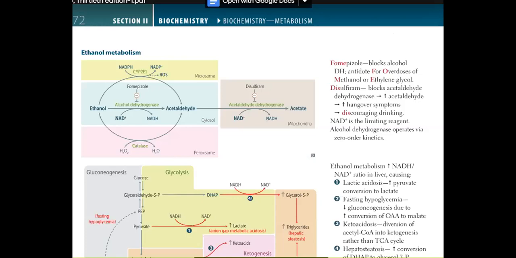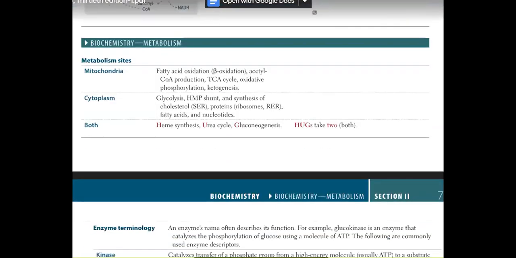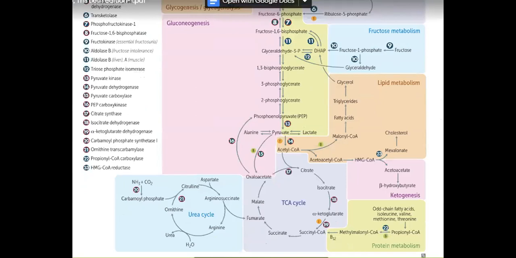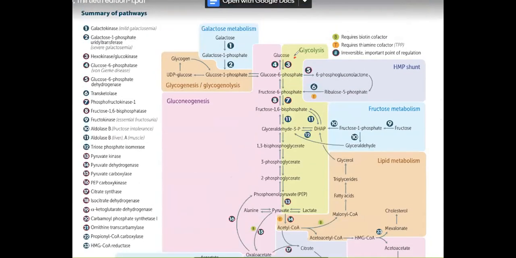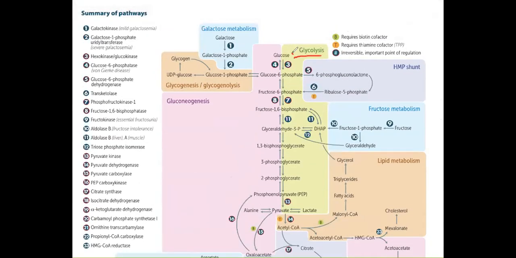Let's go to page number 74. It is a very good picture over here. So you see, we call it glycolysis when it goes from glucose to pyruvate. But when it comes from phosphoenol pyruvate, that is PEP, to glucose, it is called gluconeogenesis, meaning formation of glucose.